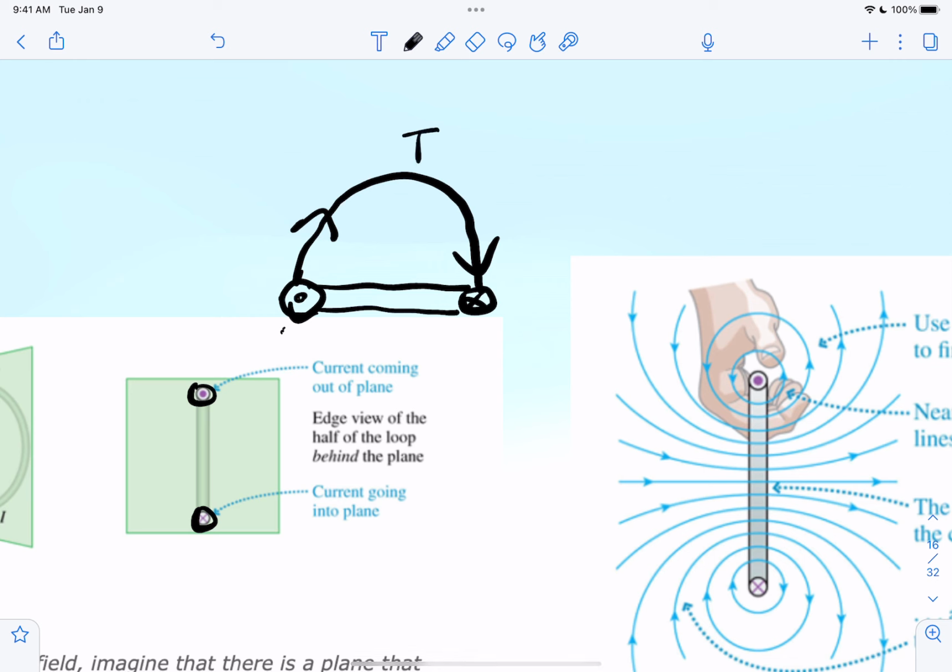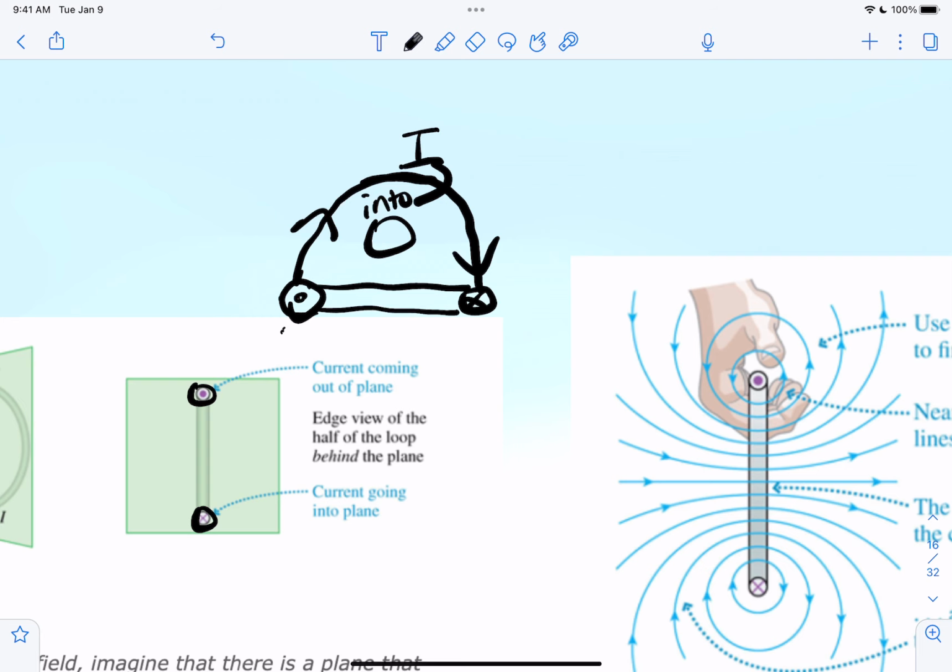So if the current is going this way, am I into or out of the page in the center here? At first it was going to the left, now it's going to the right for my current. So am I into or out of the page in the middle of the circular loop? Into, right?